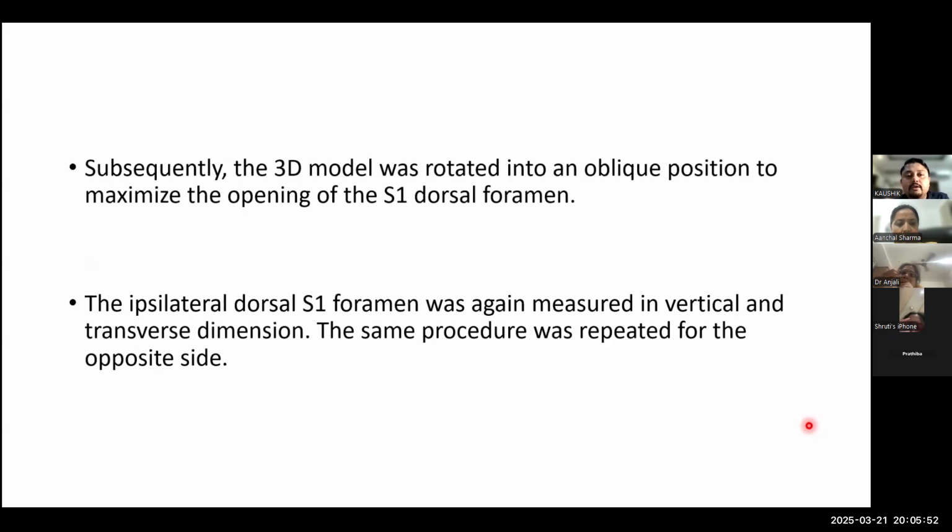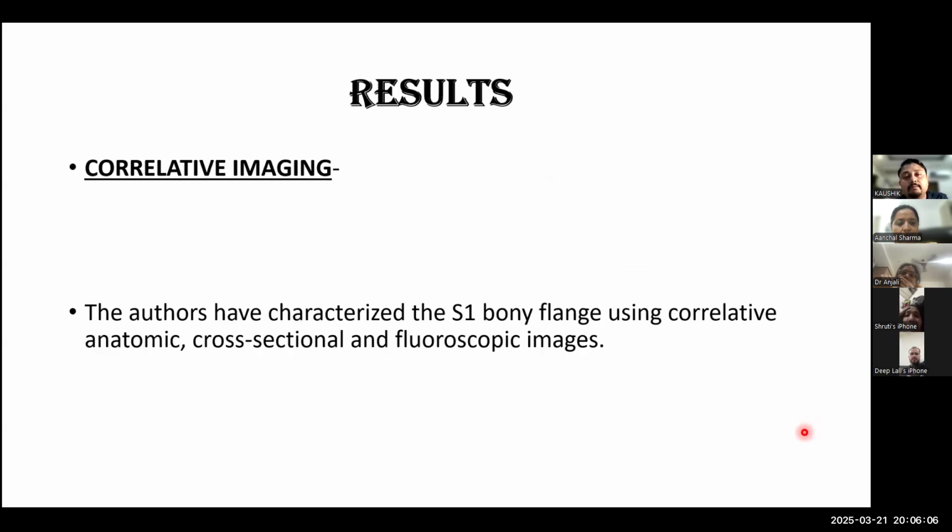Subsequently, the 3D model was rotated into an oblique position to maximize the opening of the foramen, and measurements were again taken in vertical and transverse dimensions, and the same procedure was repeated for the opposite side as well.